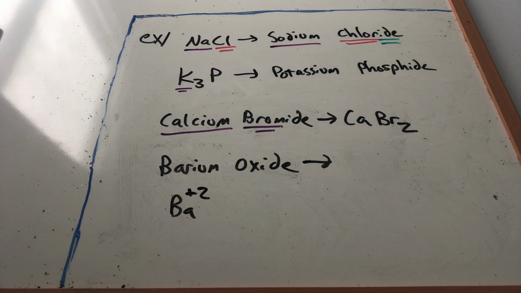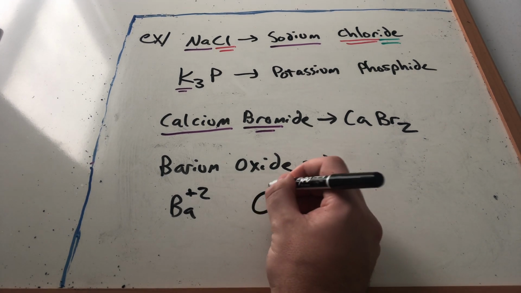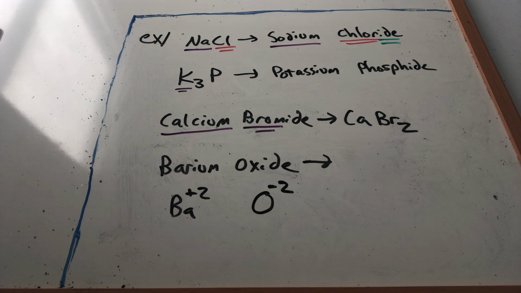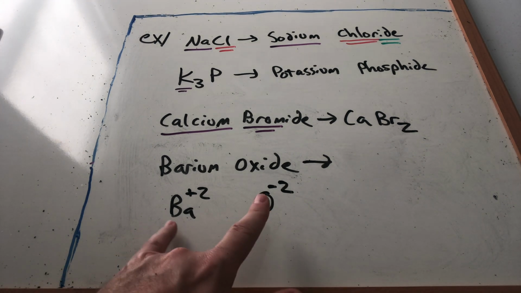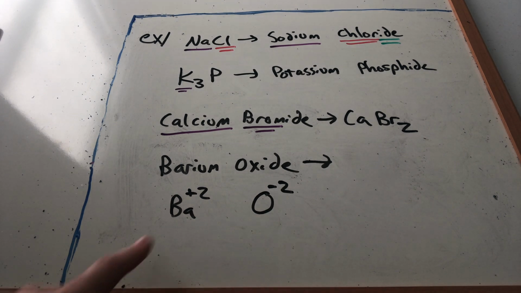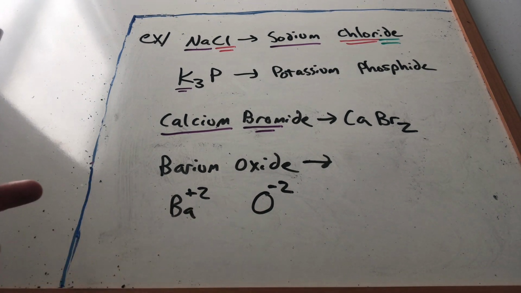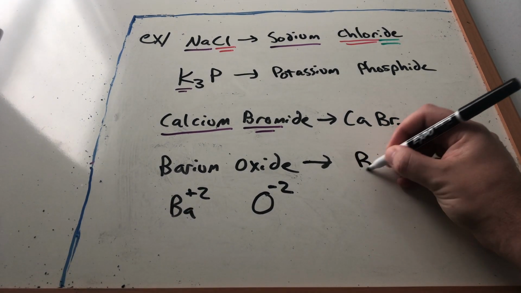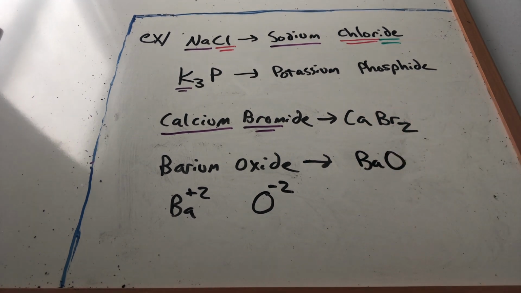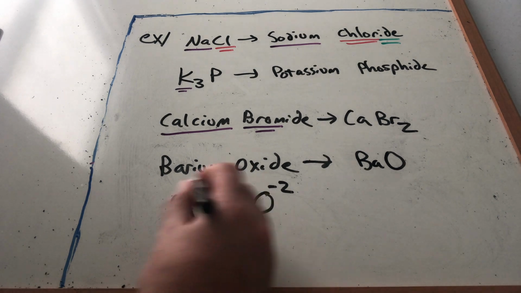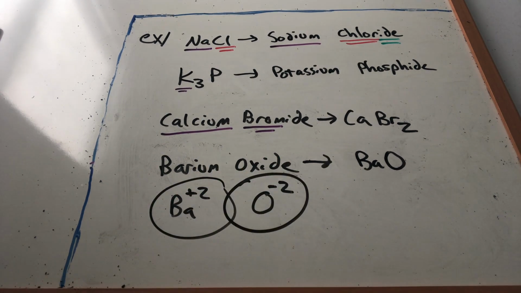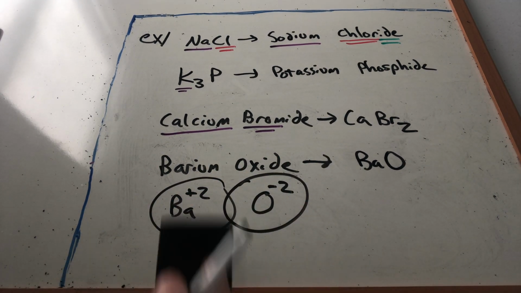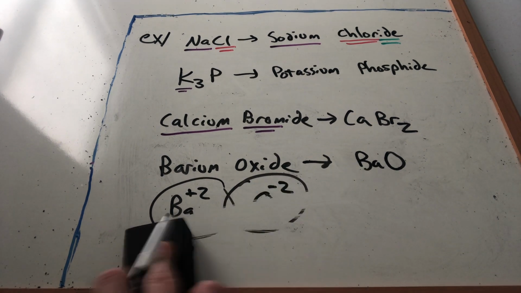Oxygen is in group 6A, and we know from our last video that in group 6A, oxygen's group, everything's -2. So what do we have to do to balance these out? Ba is +2 and O is -2, so all I need is one Ba and one O to come together to get something that's completely balanced in terms of charge. This +2 touching this -2 gives me something that's overall neutral, so I get BaO.